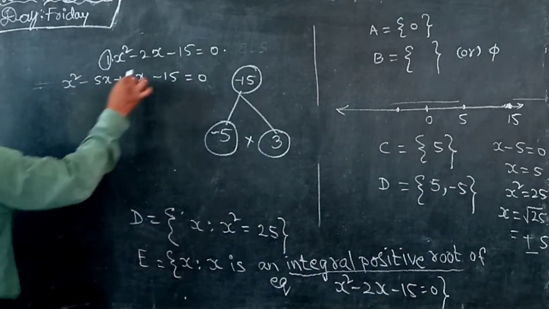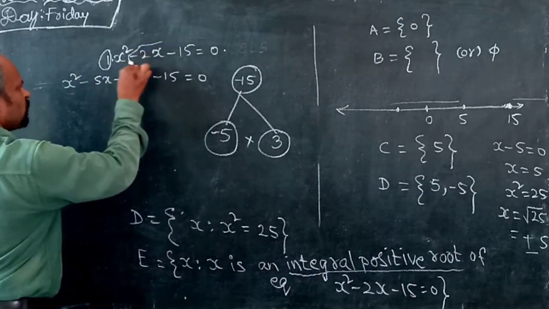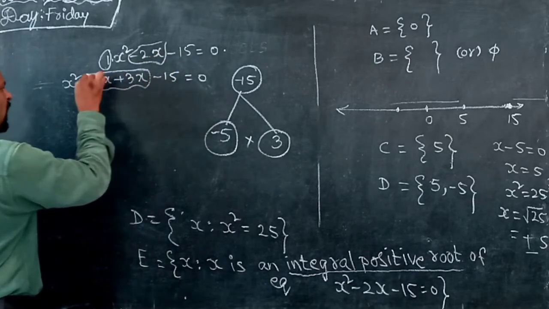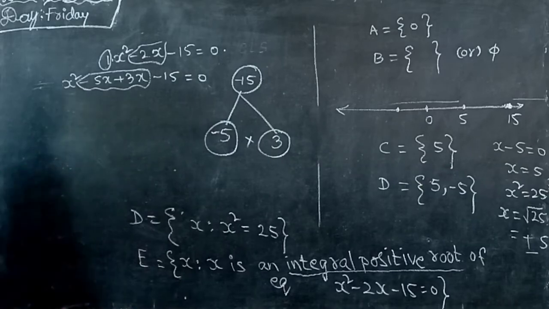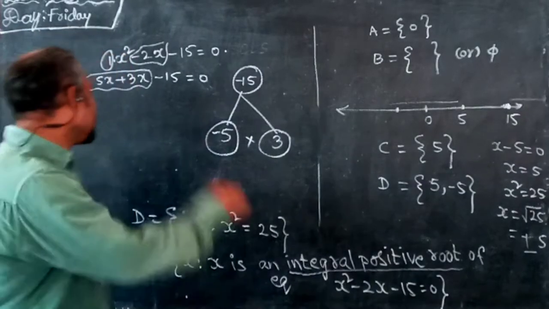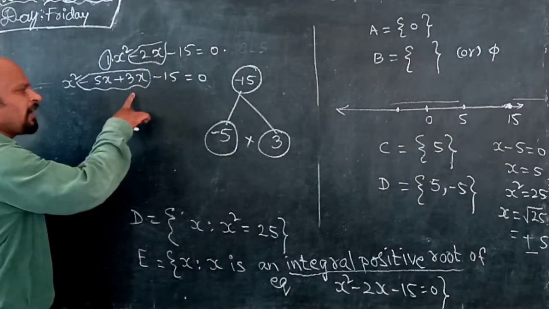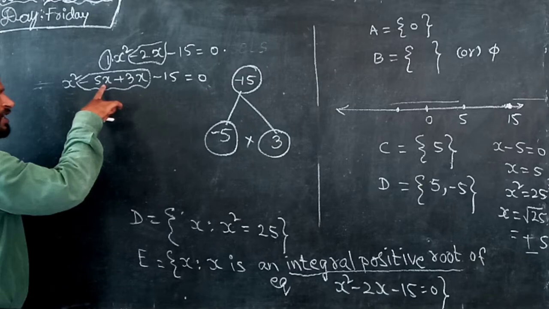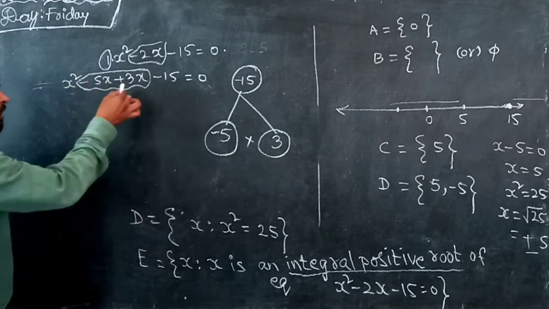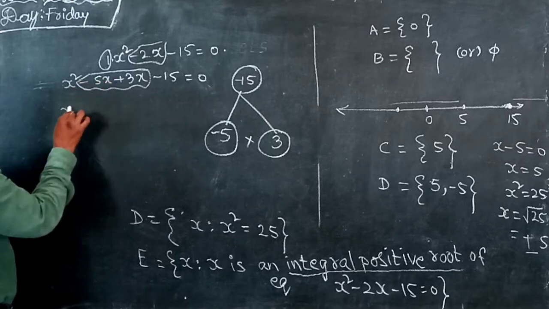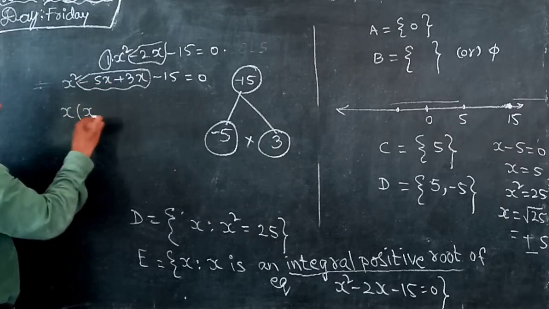Here I did nothing else: minus 2x I have written as minus 5x plus 3x. We are familiar with splitting the middle term under the factorization method. Now from these two terms, if I take x common, I get x minus 5.